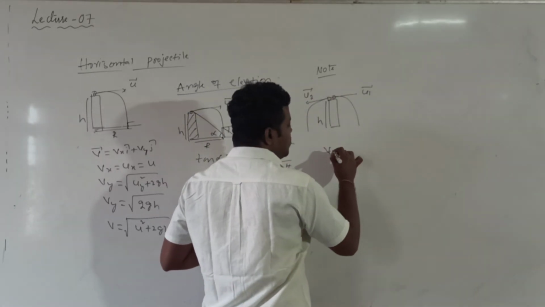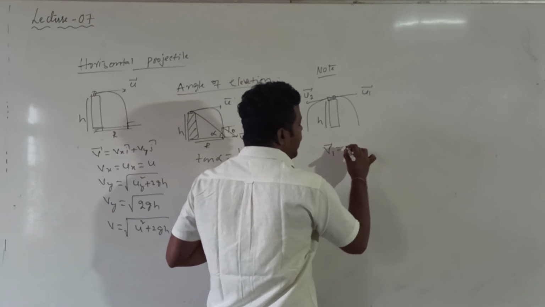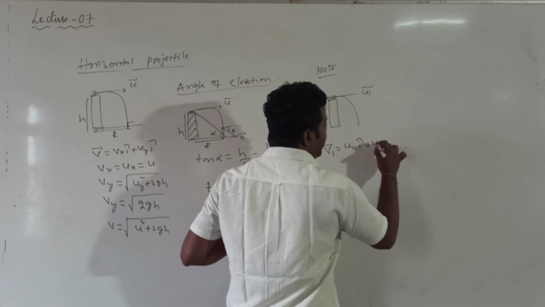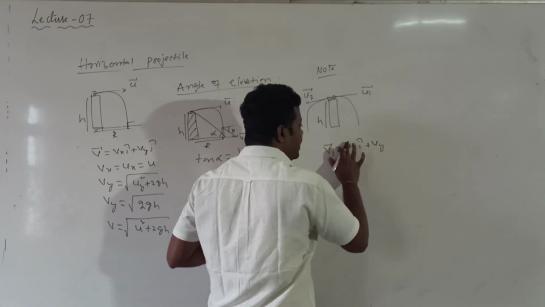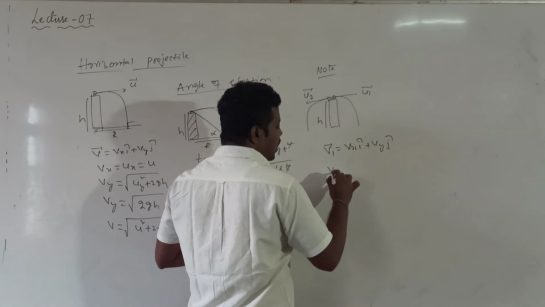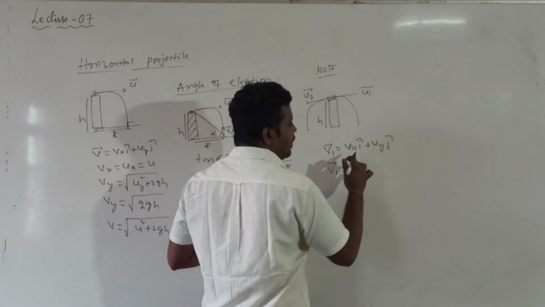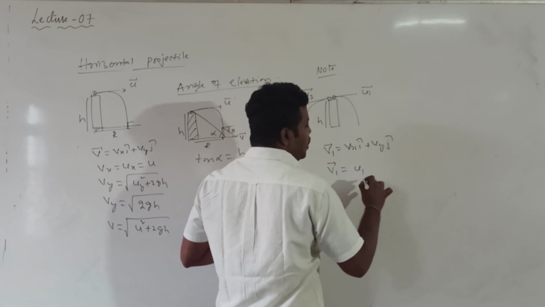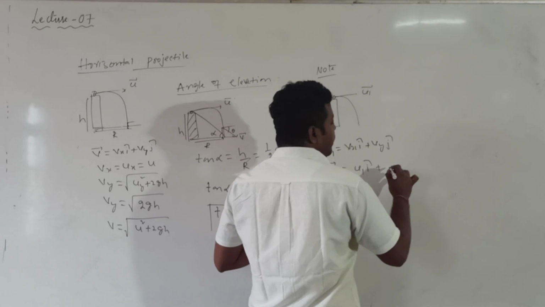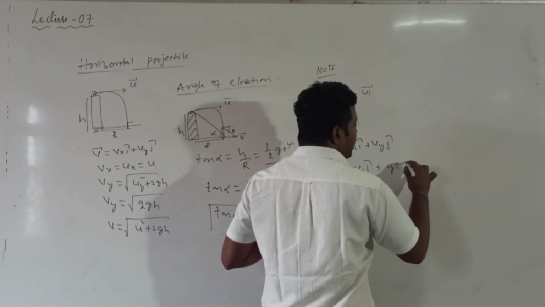So velocity of the first body, v1 bar, is equal to vx into i cap plus vy into j cap. The horizontal component velocity is u1, so u1 into i cap plus vy, which is given by g into t, into j cap.